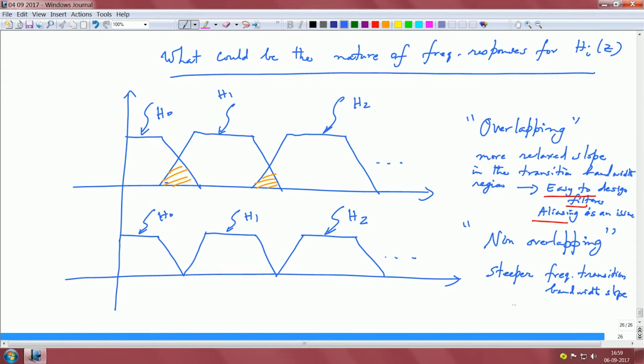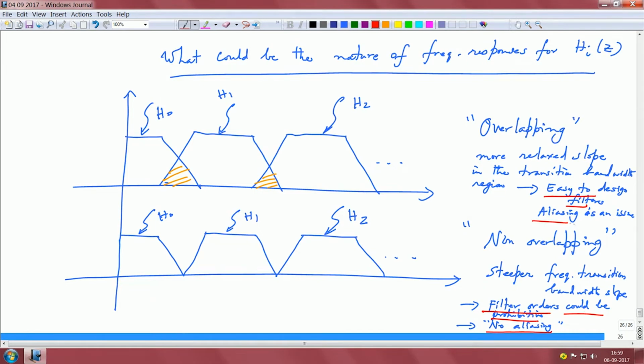And in this case filter orders could be prohibitive, but no aliasing.